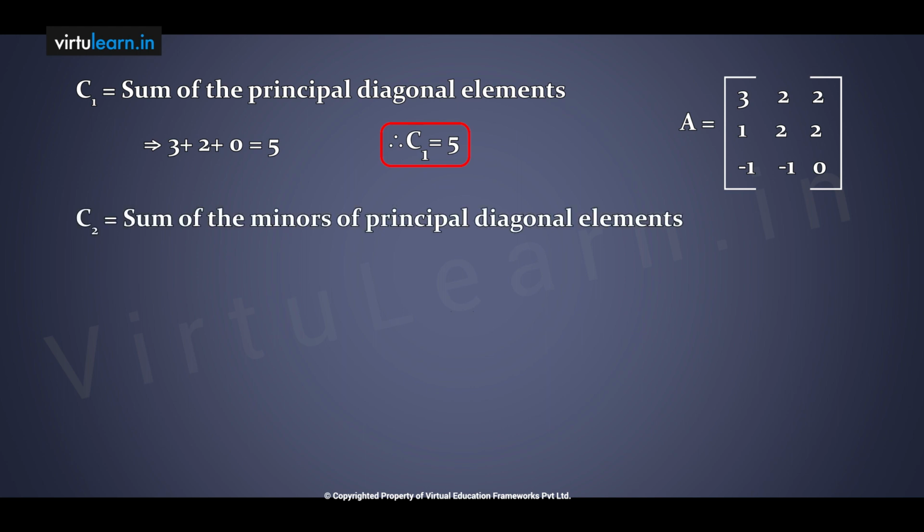C2 equals the sum of the minors of the principal diagonal elements. That means the minor of 3 you calculate separately, the minor of 2 and the minor of 0.